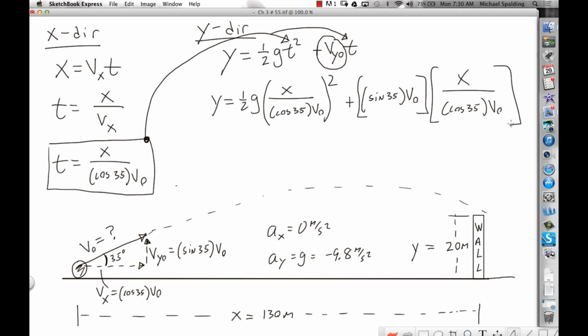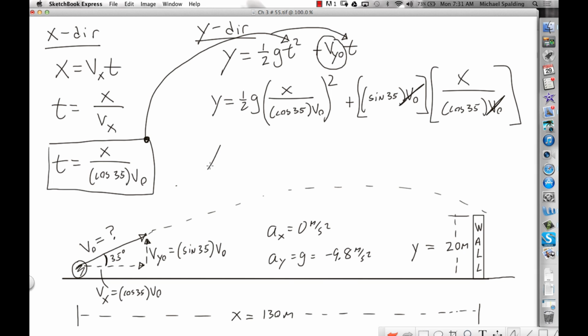Okay, now this cleans up quite a bit. So for example, see the V initials here? Those V initials cancel. Anybody know what sine over cosine simplifies to? Tangent.